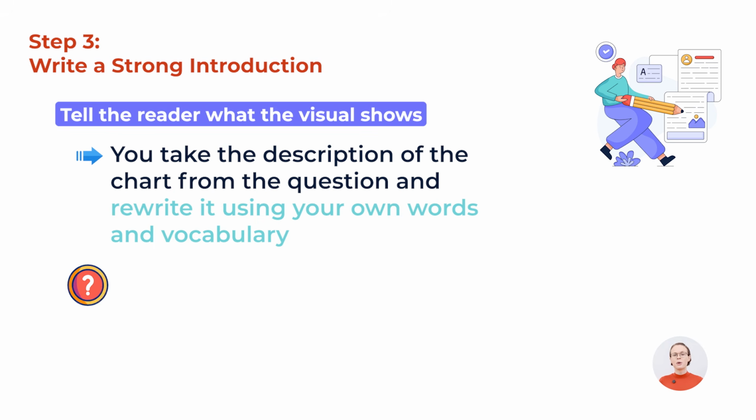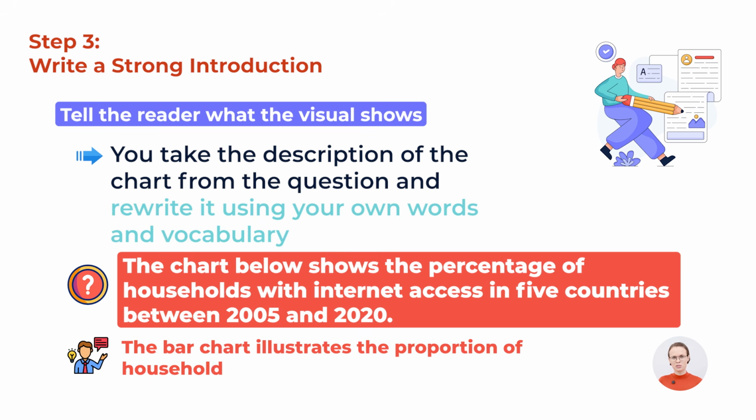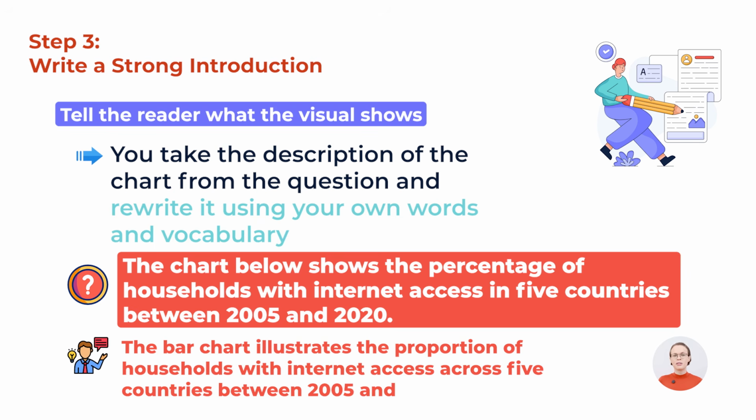For example, the question might say, "The chart below shows the percentage of households with internet access in 5 countries between 2005 and 2020." Your introduction could read, "The bar chart illustrates the proportion of households with internet access across 5 countries between 2005 and 2020."